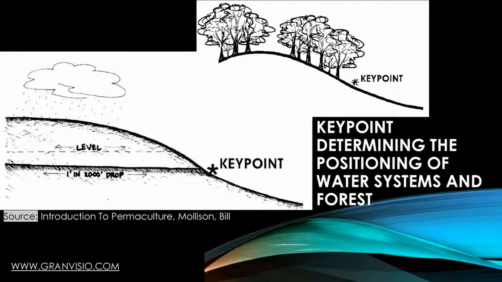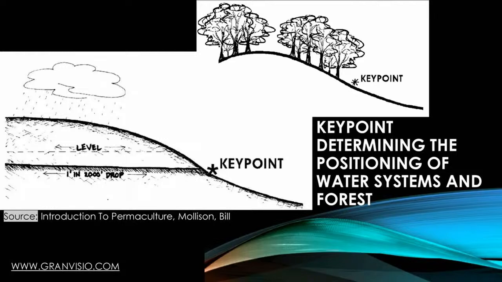You may have heard about the key point and its importance in permaculture water systems. In very simplistic terms, it's where contours start to spread and where the hill transitions from convex to concave. And water harvesting systems are often recommended to be carried out below the key point because the areas above it are more erosive.